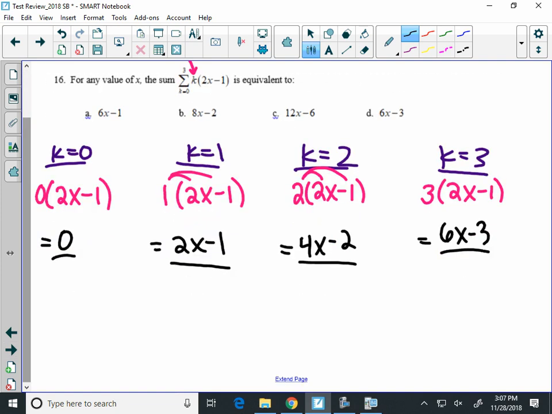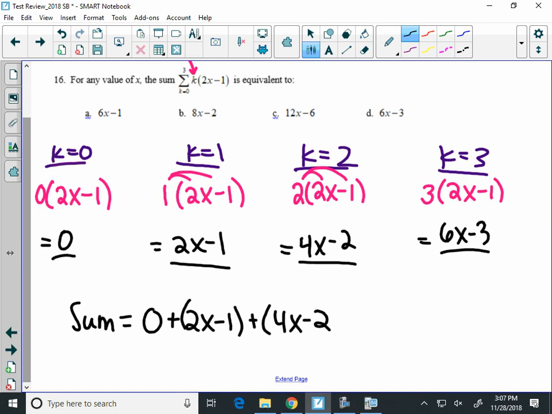So then, I would rewrite the sum. We're finding the sum of 0 plus 2x minus 1 plus 4x minus 2 plus 6x minus 3. And here, I'm just adding things together, so I'm going to combine like terms. So let's start with the x's. 2x plus 4x plus 6x is 12x.